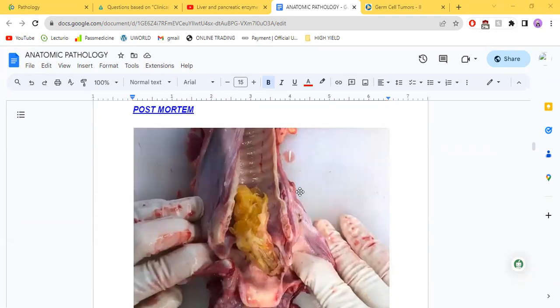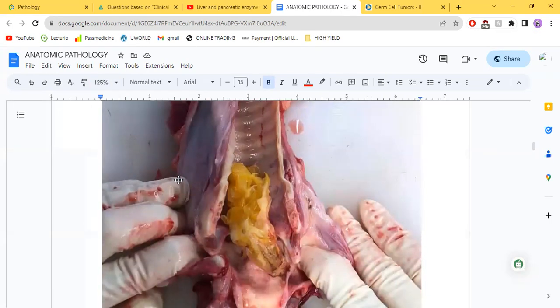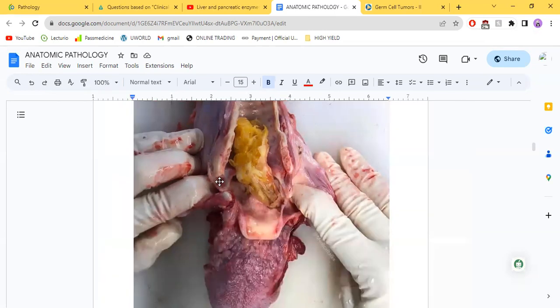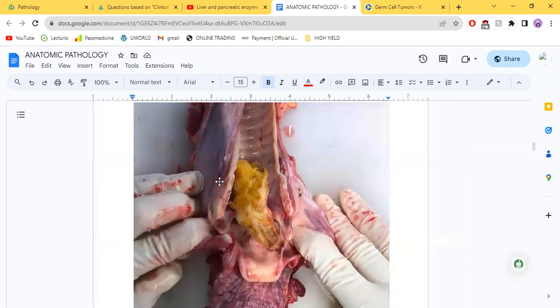Talked about somatostatinomas. Okay, so here we see something happening. What organs could this be? Maybe what organs can we see in this picture? We can see the trachea. Can we see the esophagus?